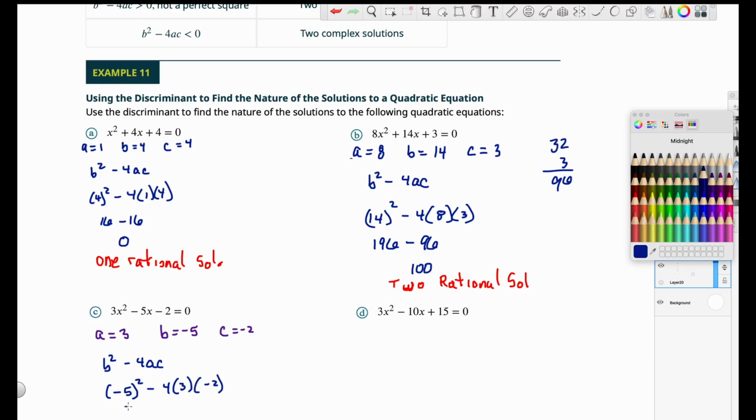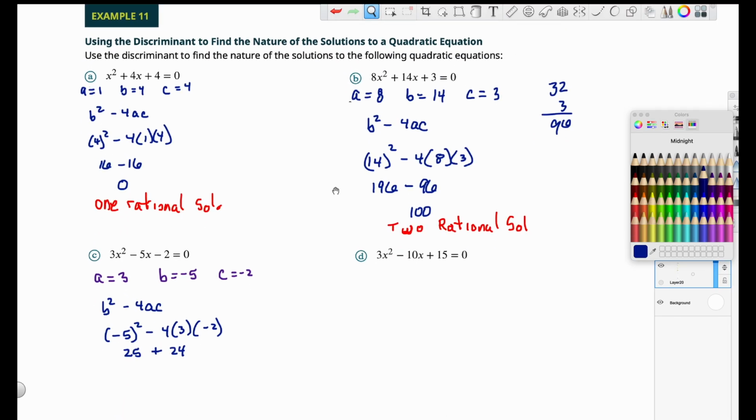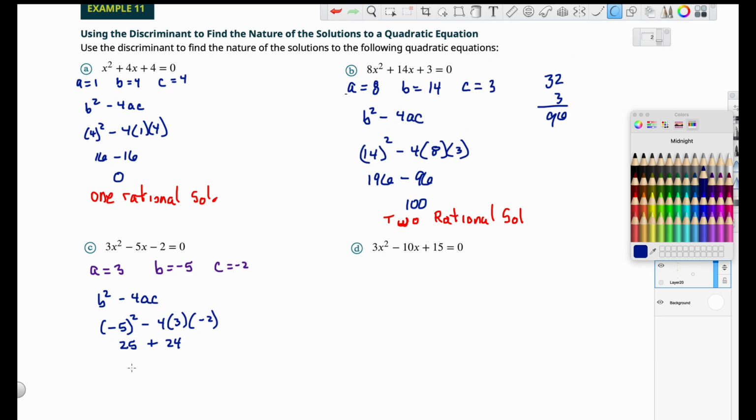So negative 5 squared is positive 25, and I have negative and negative there. It's going to be plus, what do we have? 12 times 2 is 24. 25 plus 24 is 49. 49, okay, so it's positive, and this is a perfect square. Square root of 49 is 7. So this is just like part B over here. It's also 2 rational solutions.